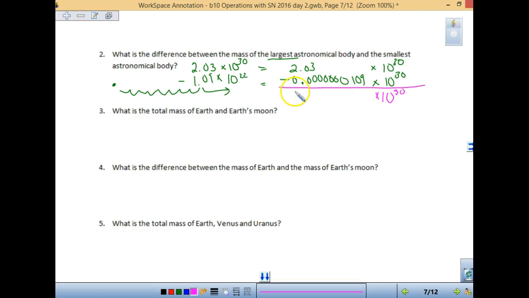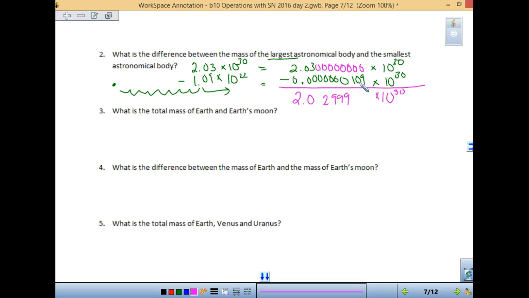But this is really almost going to be 2.0. Why would it be a 2 if there's just a 0 there? Because you borrow.